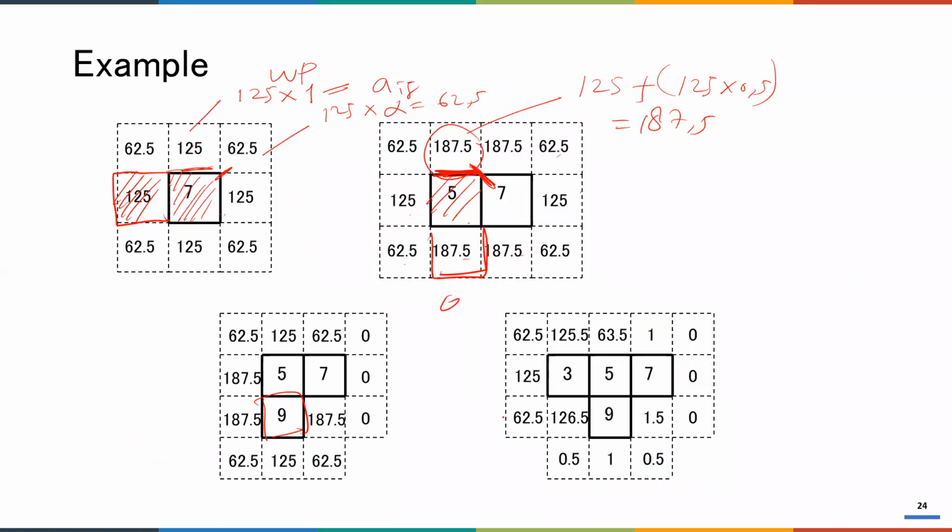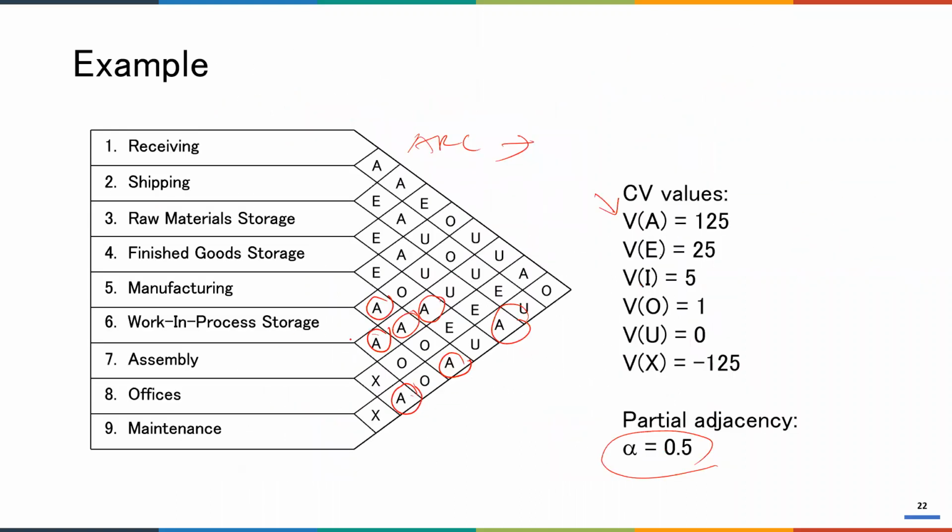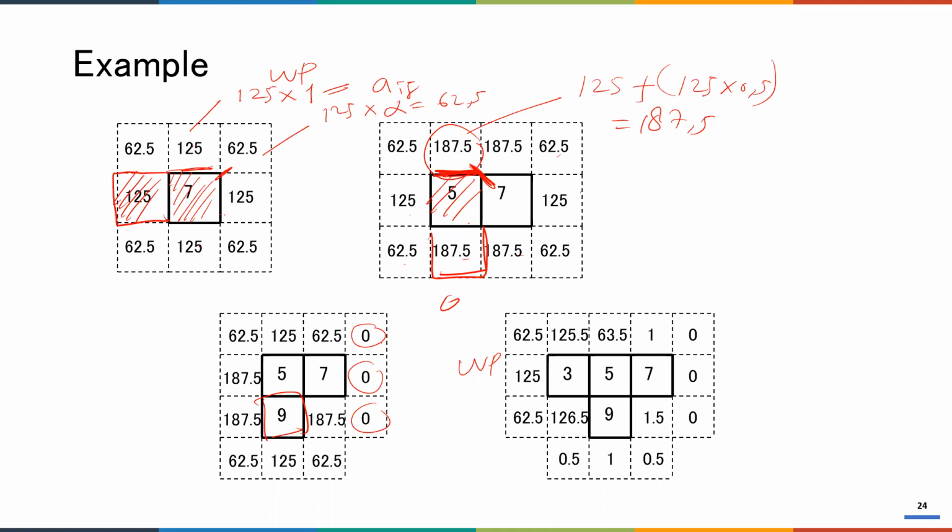And then where we should place it is determined by calculating the weighted placement. As we can see here, some values are 0. If we go to here, 7 and 3 have the U relation, which means unimportant. So the value of either adjacent or partially adjacent is 0. That's why this location is 0.